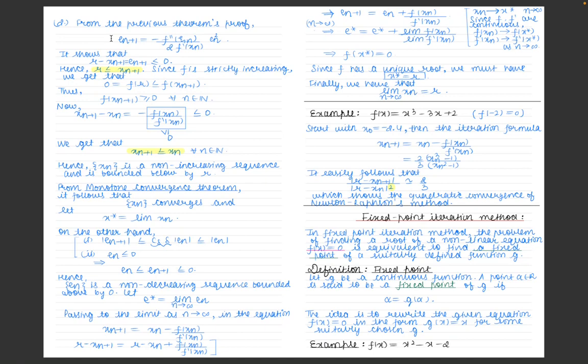Xn plus 1 is xn minus f of xn by f prime xn, right? So if you do this, what will be r minus xn plus 1? It will be r minus xn plus f of xn by f prime xn, right? And this is precisely en plus 1 is en plus f of xn by f prime xn, right?